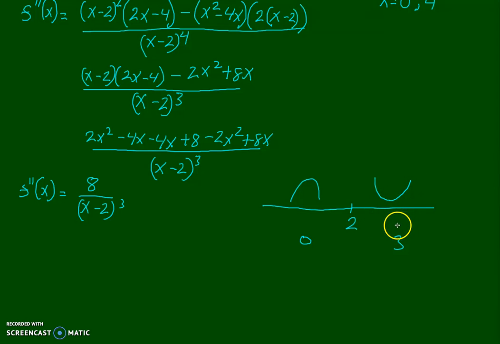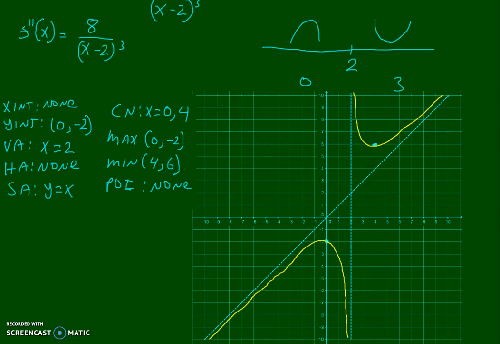So now let's go ahead and plug in all our information into our graph and see what it looks like. And so we see we have no x-intercepts. The graph does not touch the x-axis. Y-intercept is at 0, negative 2. We have a maximum at 0, negative 2, and a minimum at 4, 6. We have a vertical asymptote, x equals 2, and a slant asymptote at y equals x.